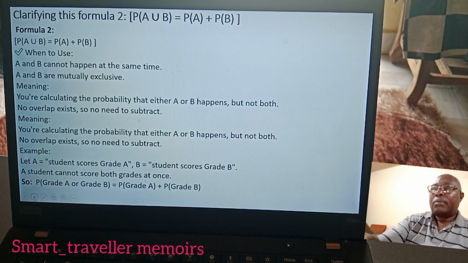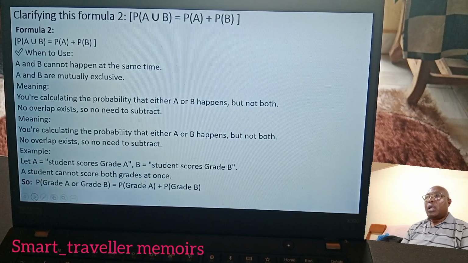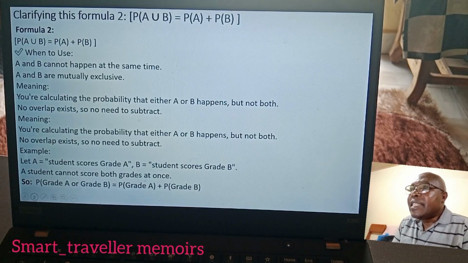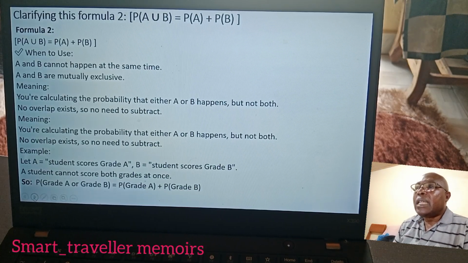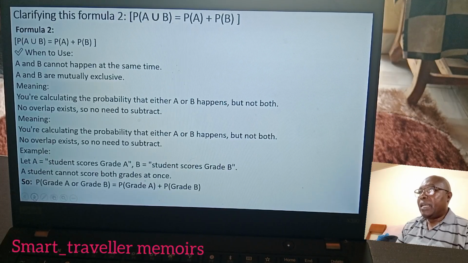Let's come to the second formula. P, A union B is equal to PA plus PB, where you don't have the subtraction. A and B cannot happen at the same time. That is when to use it. A and B are mutually exclusive, meaning you are calculating the probability that either A or B happens, but not both. No overlap exists, so no need to subtract.